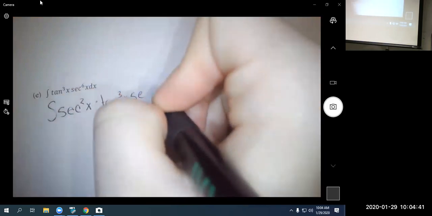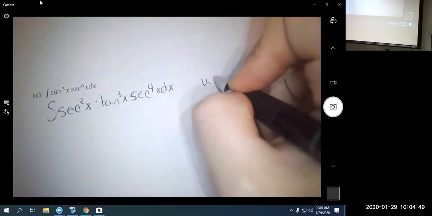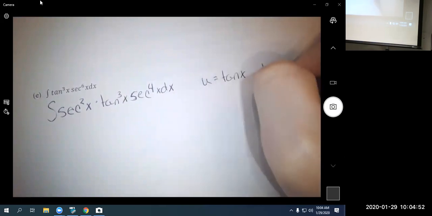We're having Brady tell us how to do the problem. You have to break it off. I always write u equals and du.